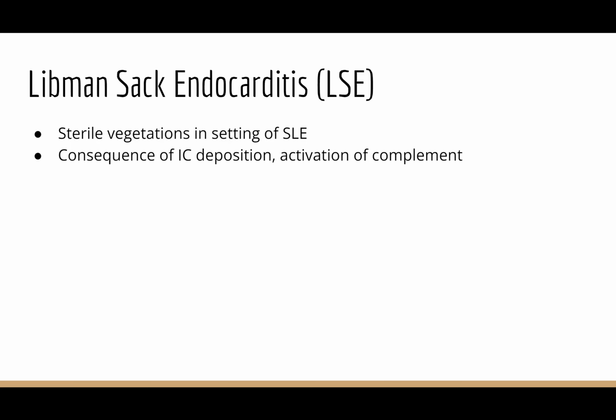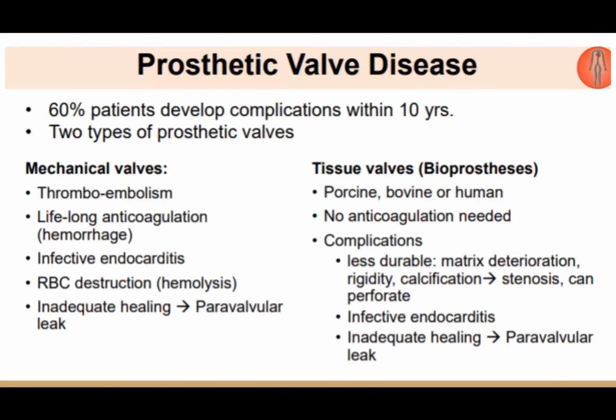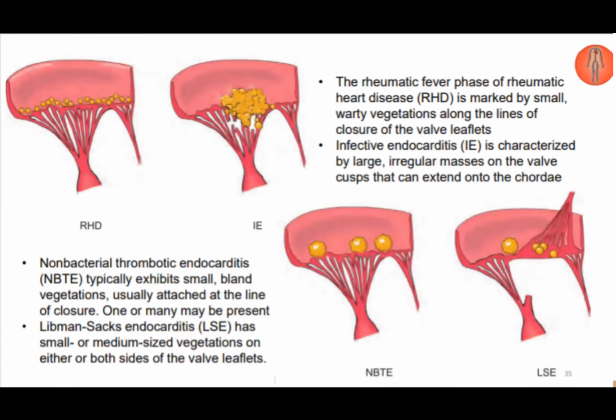And then it's going to be a consequence of the immune complex deposition, and then you get subsequent activation of complement. So that's what it's associated with. And then prosthetic valve disease, I think I put this on here for completion's sake. But they talk a lot more about the significance of this in the micro slides.